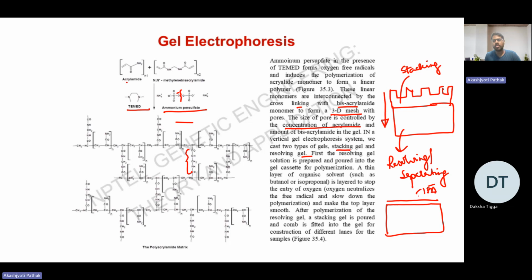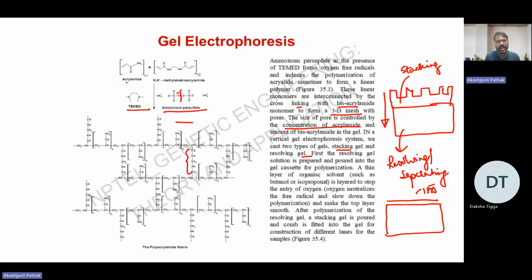So why is this isopropanol added? Remember, this is a free radical reaction that is taking place, and the atmosphere also has oxygen. So to prevent the oxygen present in the atmosphere from hindering this free radical reaction, a layer of IPA is added, and then the gel is allowed to solidify. Oxygen basically neutralizes the free radical and slows down the polymerization.